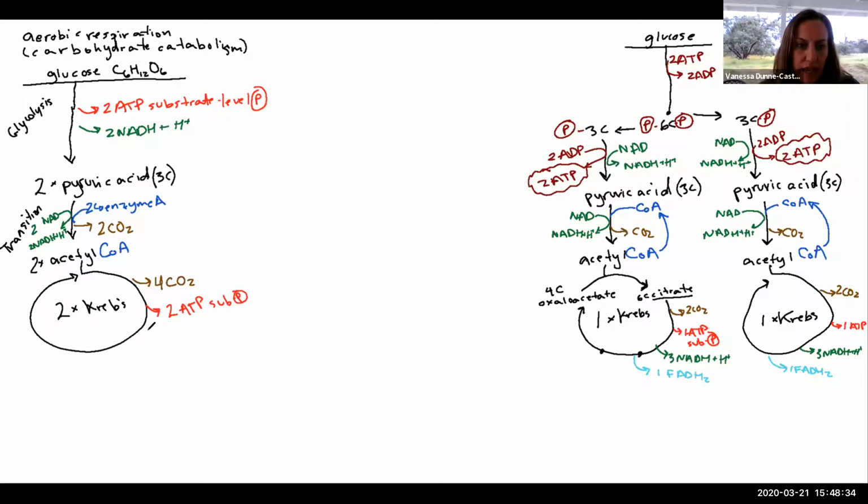Again, we're just going to add up what we wrote over there for our longhand version. So 3 plus 3 makes 6 reduced NADH molecules, and 1 plus 1 is 2 FADH2. Okay.